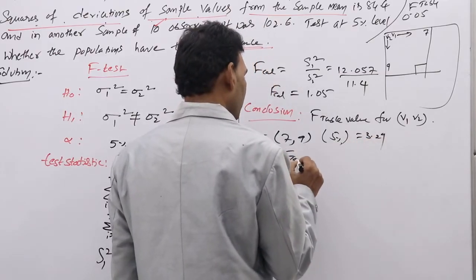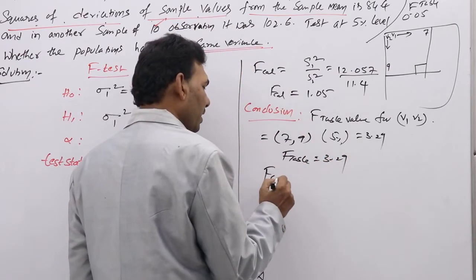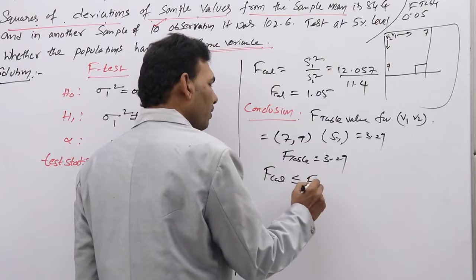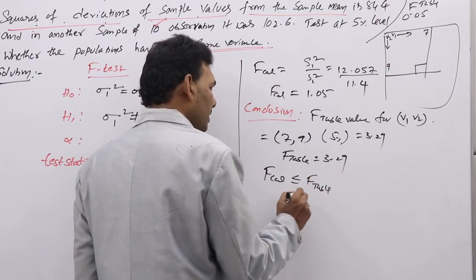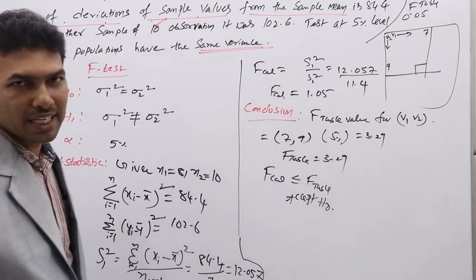Compare F calculated and F table. If F calculated is less than or equal to F table, accept H0. Otherwise reject H0.